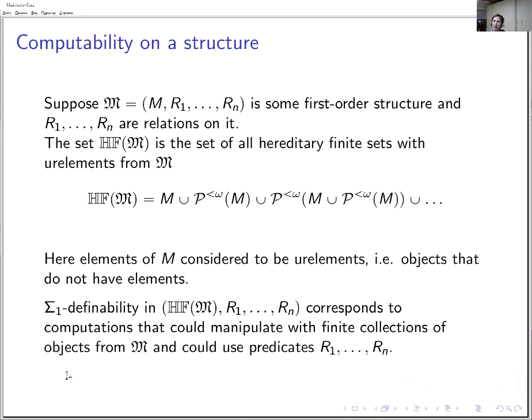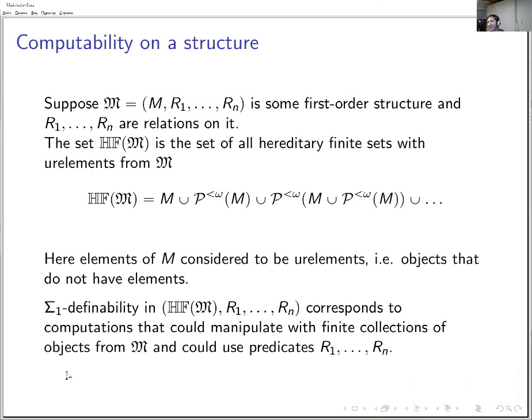For this, we could define the model of computation in terms of a relativized hereditarily finite universe. Rather than considering just sets built out of the empty set in the Zermelo-Fraenkel fashion, we'll consider sets with urelements.